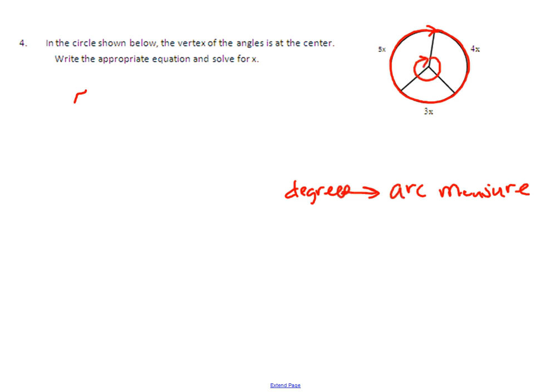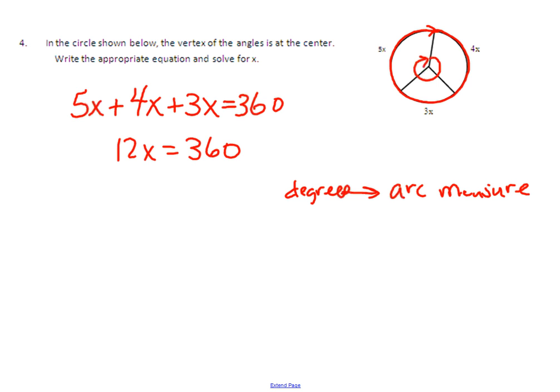So we can simply take that 5x, that 4x, and that 3x, they should all equal 360 degrees. So this is 12x. So x is 30. And that's all you had to find for this benchmark.